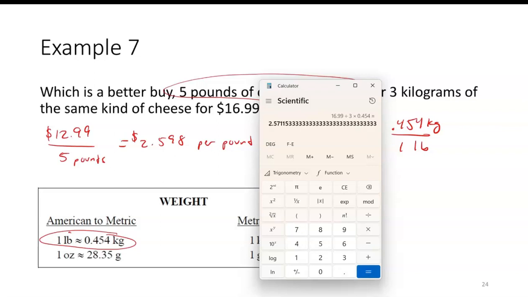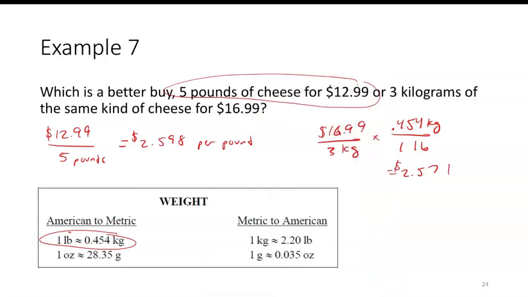And so we get about 2.571, so about $2.571 per pound. So in terms of the better buy, that would be the cheaper one. It looks like the 3 kilograms is the better buy.